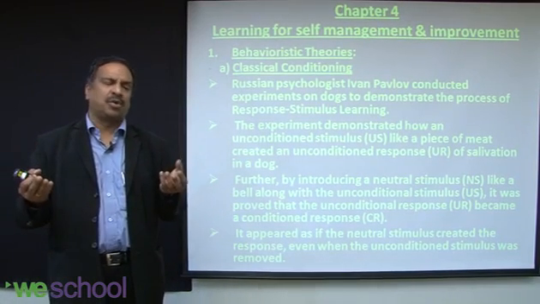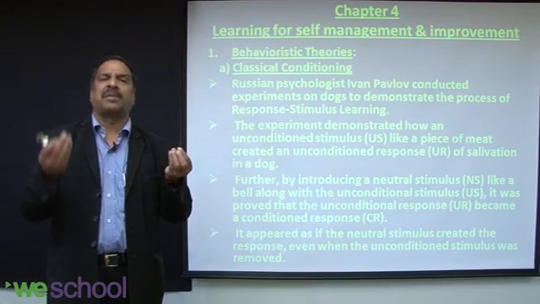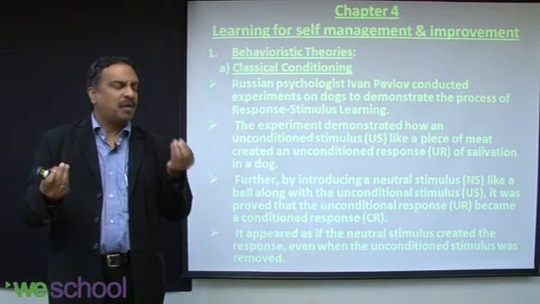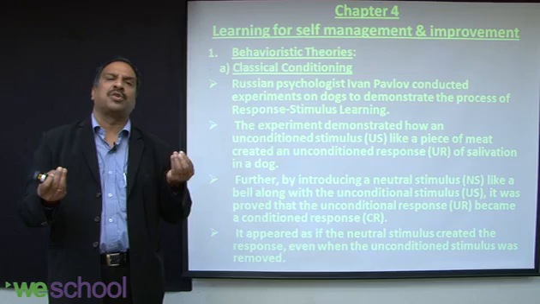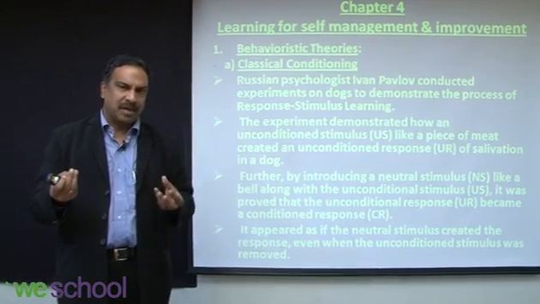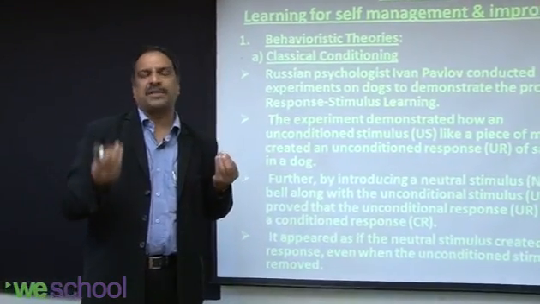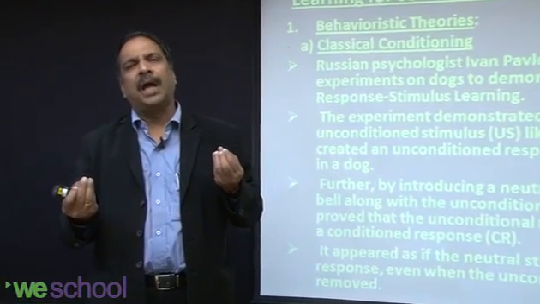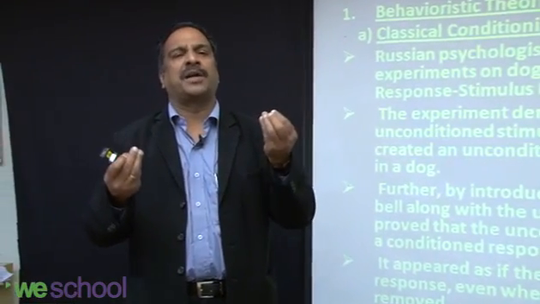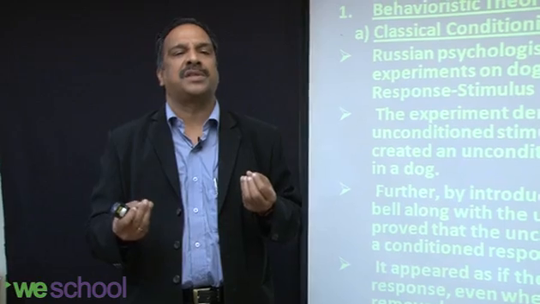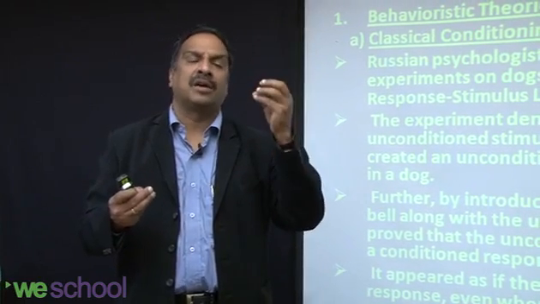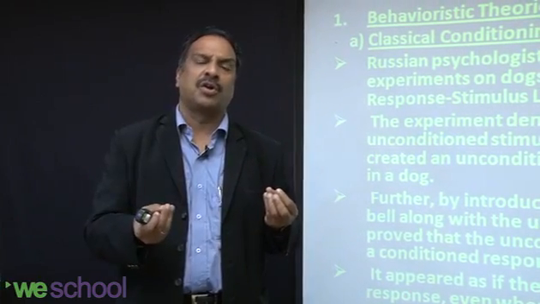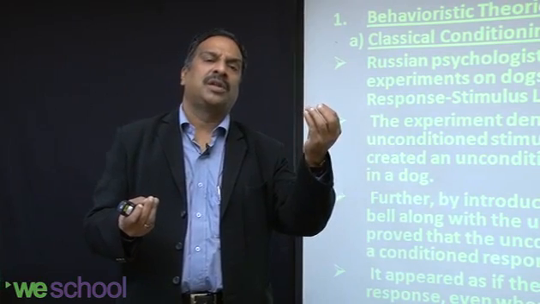I'll explain this to you before we go further. Ivan Pavlov took a piece of meat and kept it in front of a dog. When you keep meat in front of a dog, what does the dog do? The dog starts salivating. Now when you remove the piece of meat, the salivation stops. In the first stage, this confirmed that the cause of the dog's salivation was the meat.